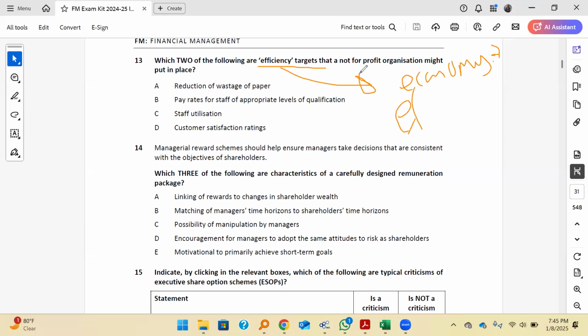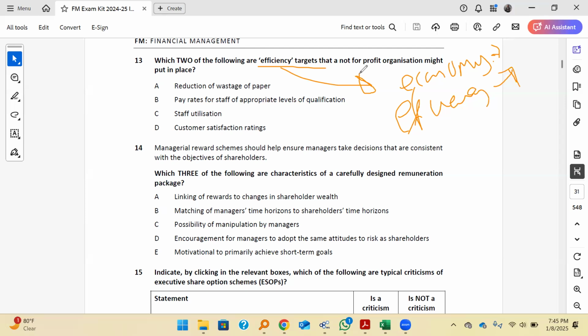Then efficiency means achieving your objectives or getting the best out of the cost that you have. So economy, you already spent less, but now you are looking at how efficient you are. For example, when you are referring to somebody doing something, that could be how fast they are able to do it.